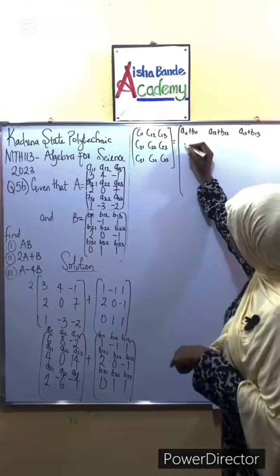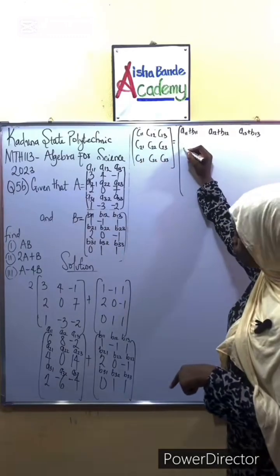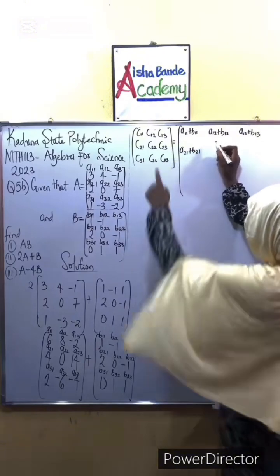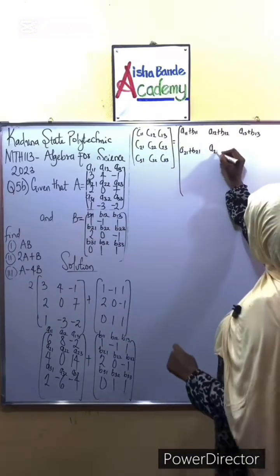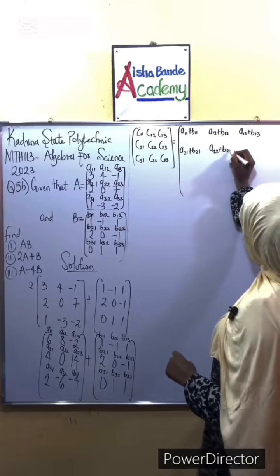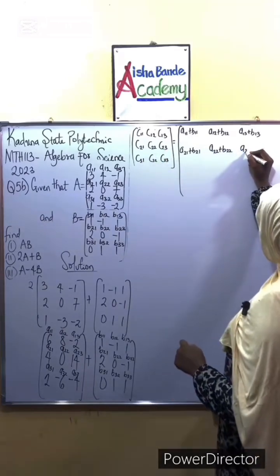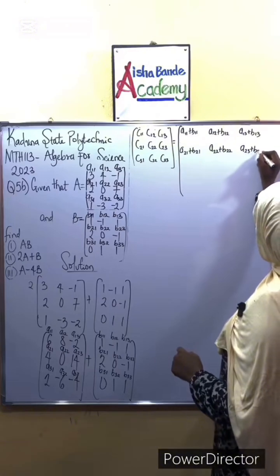Moving on to the second row, C21 is going to be A21 plus B21. Then C22 is A22 plus B22. C23 is A23 plus B23.